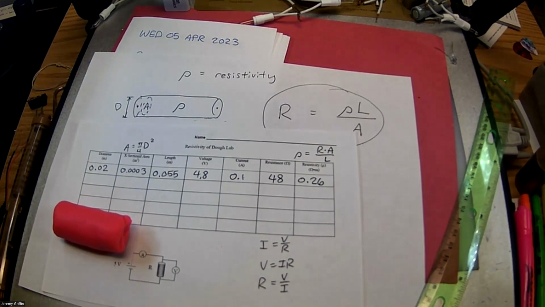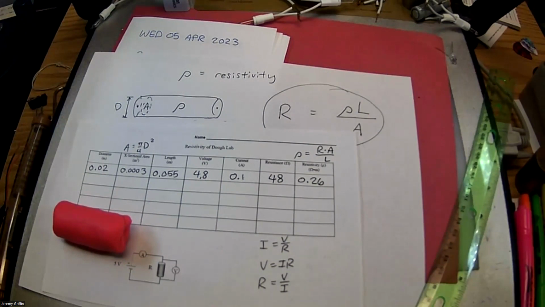I Googled this ahead of time, and asked, what is the resistivity of Play-Doh? I'm going to share my screen on this one. Let me flip the screen over here and show you guys this. Now, it does depend on the color of Play-Doh. Different colors have a little bit different resistivity.